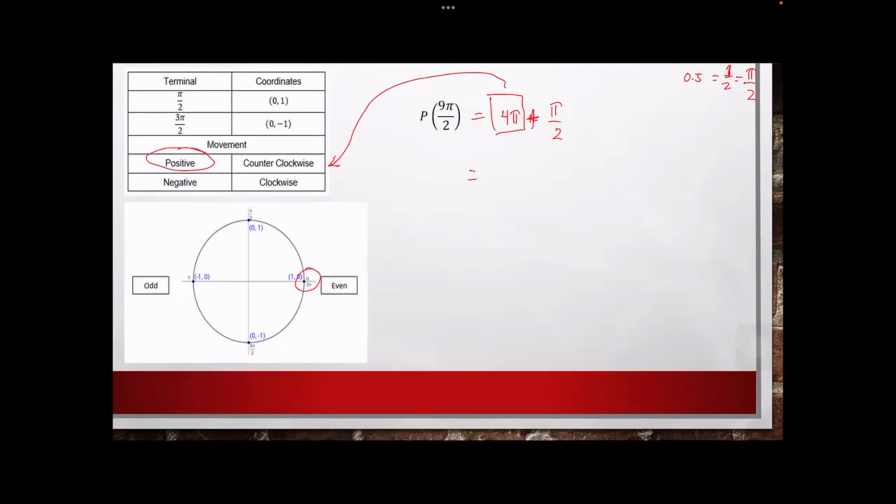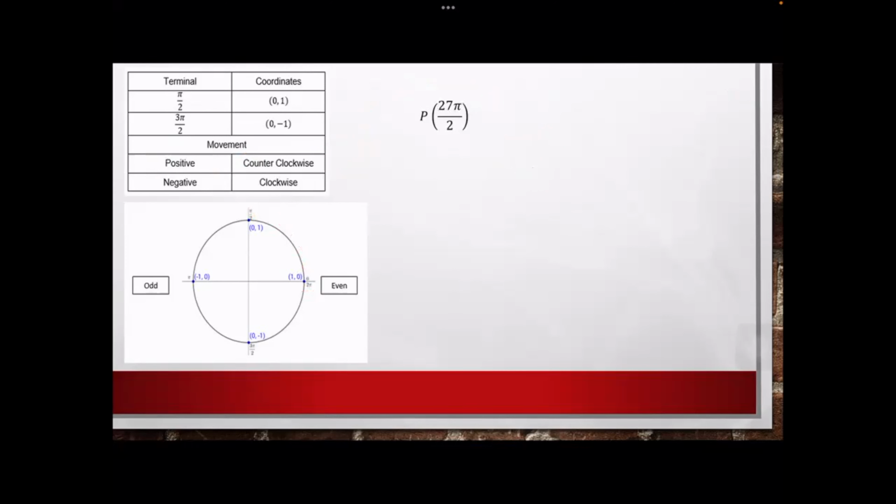So simula dito, sabi dyan is counterclockwise. So simula dito sa ating starting, pupunta siya dito. Now, therefore, yung magiging coordinates niya is 0 and 1. Nakuha po ba? Nagets ba? Okay. So, nagets.